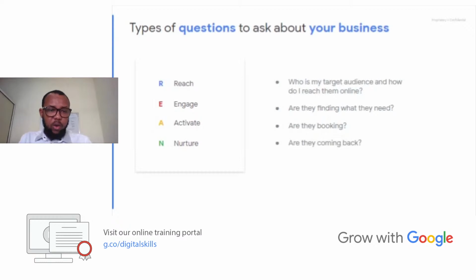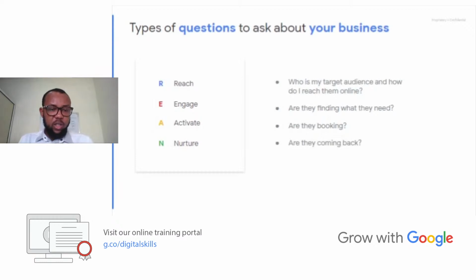Reach: who is my target audience and how do I reach them online? You need to know where your target audience goes on the internet, what they do, which social media they interact with, and what kind of device they use. You need to know that.